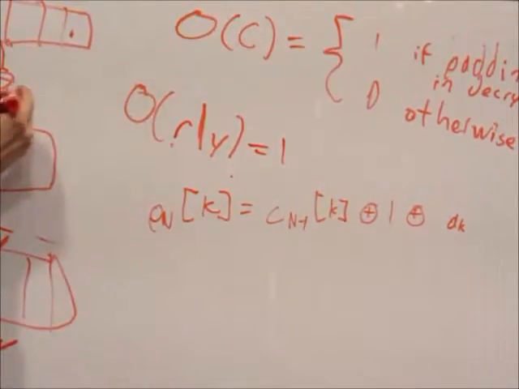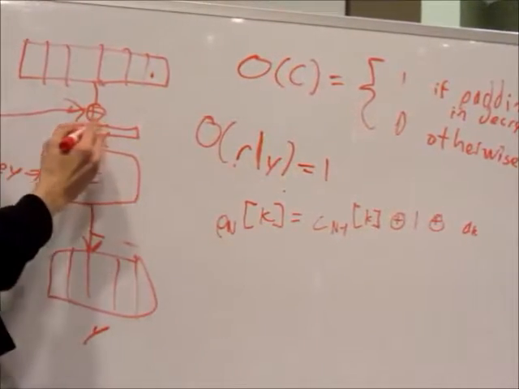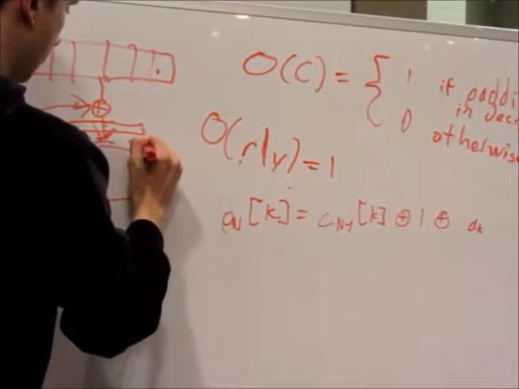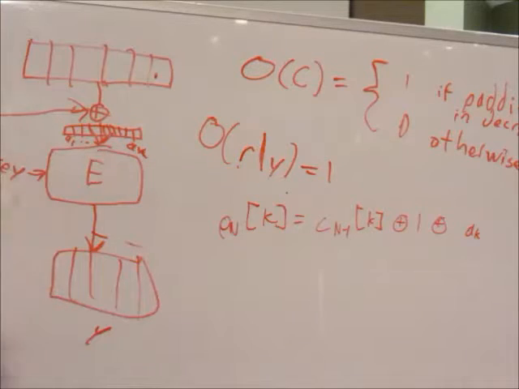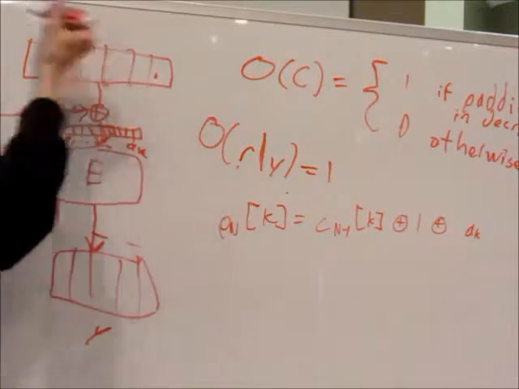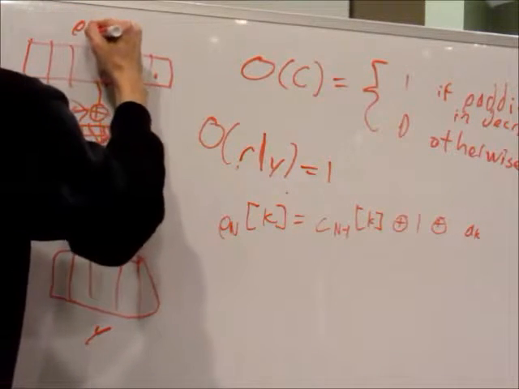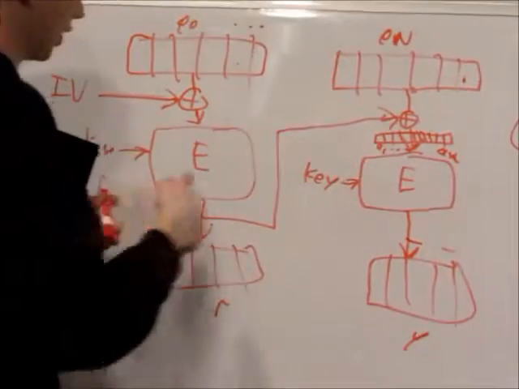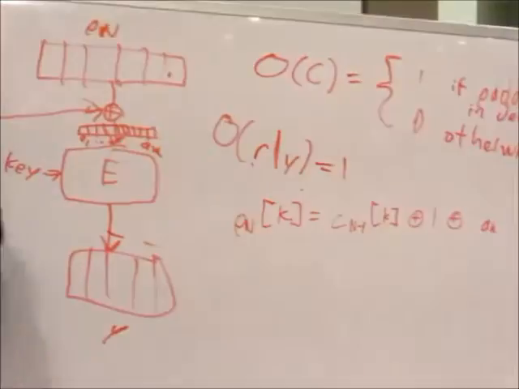Let's define the text that we get here as A, A1 all the way to AK. And so this will be P0 all the way to Pn, and for this drawing that doesn't have any dots, you can just say that this is like Pn minus 1.